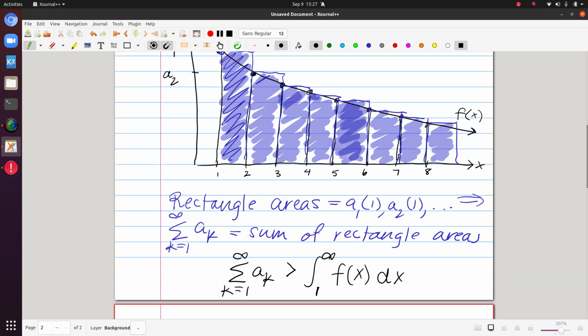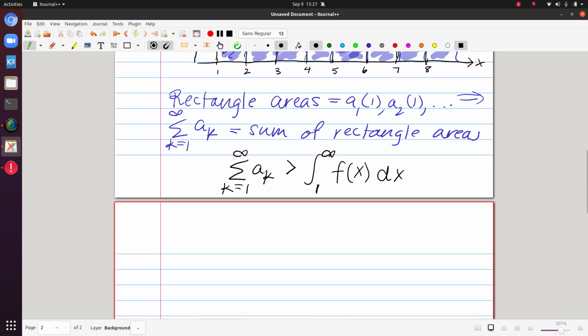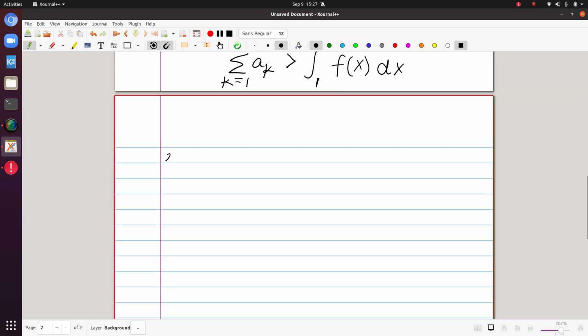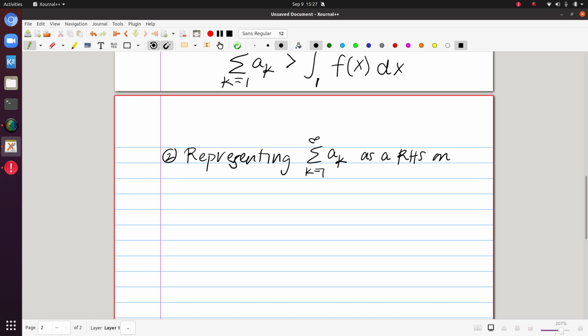So the second way is representing the sum from 1 to infinity of a sub k as a right-hand sum. And in particular, we're going to see that the interval here would be the interval from 0 to infinity.